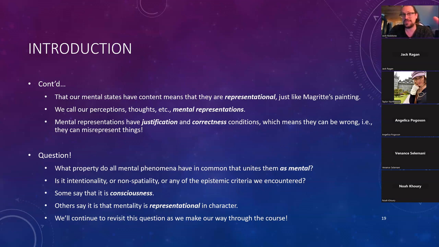It's a fundamental property of the universe, and that's called panpsychism. Others say that it's not consciousness, but the fact that mentality is representational in character that is a good mark of the mental. And you don't have to decide what you think right now. We will revisit all of this as we make our way through the class.